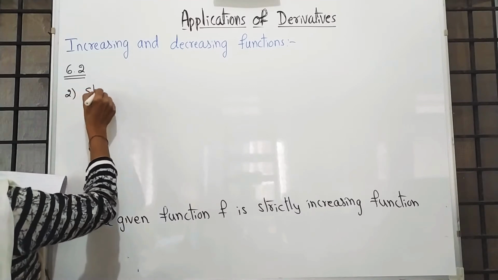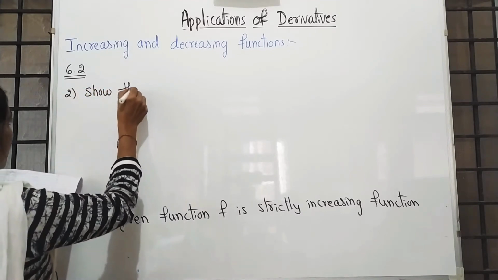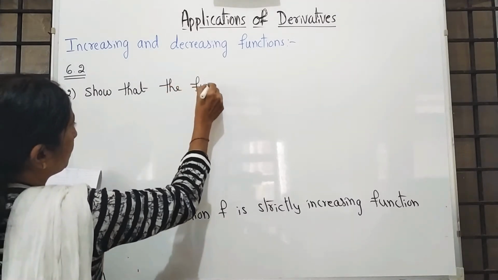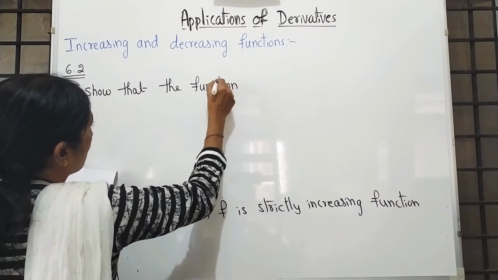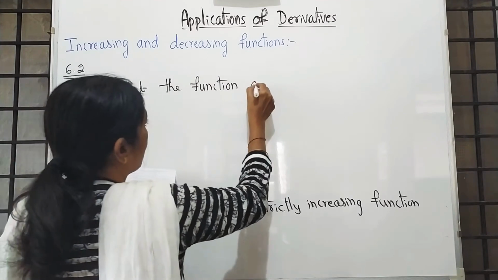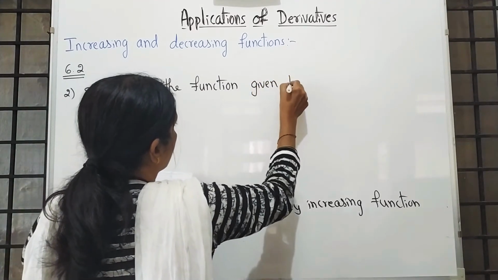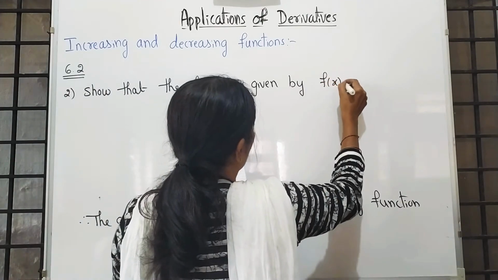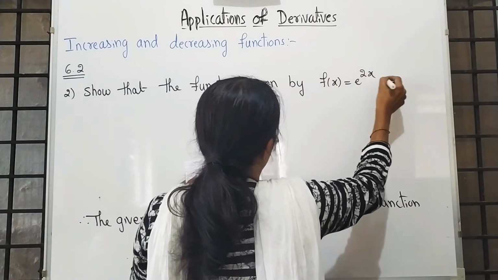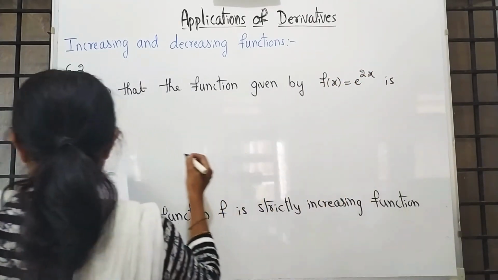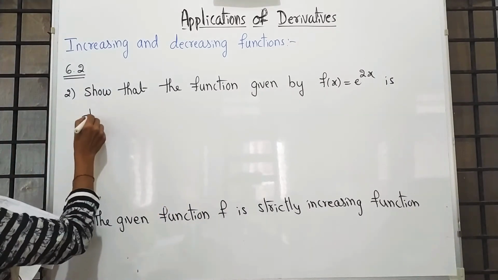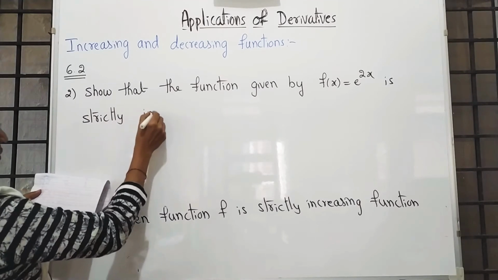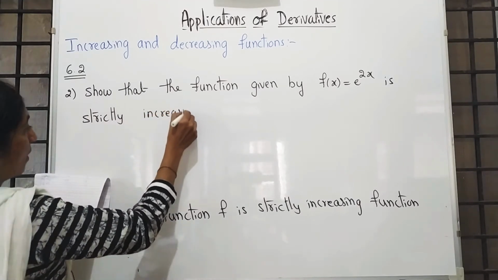Show that the function given by f of x is equal to e raised to 2x, exponential function, is strictly increasing on R. R means what?